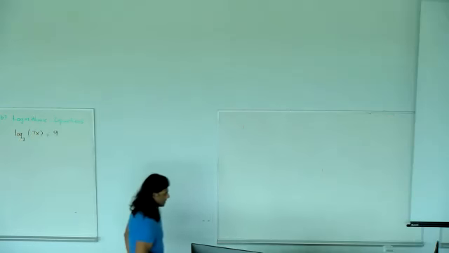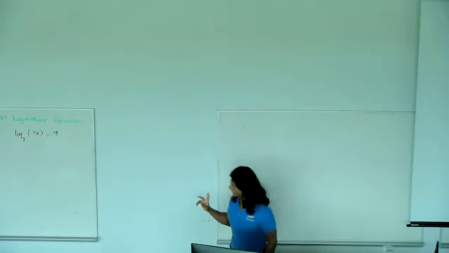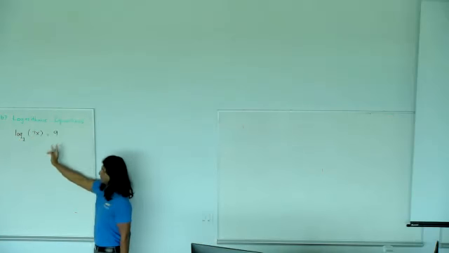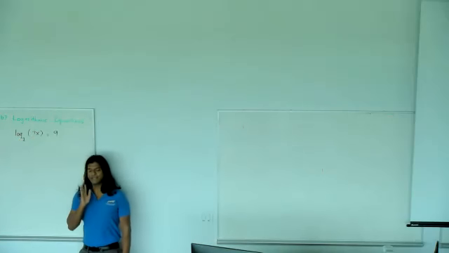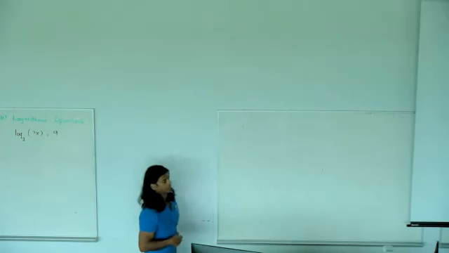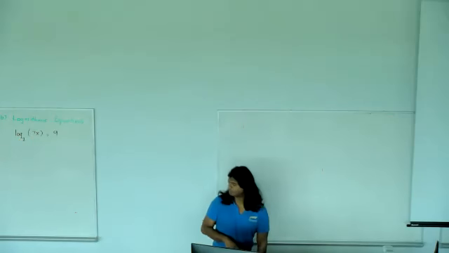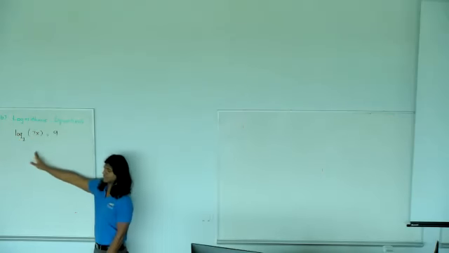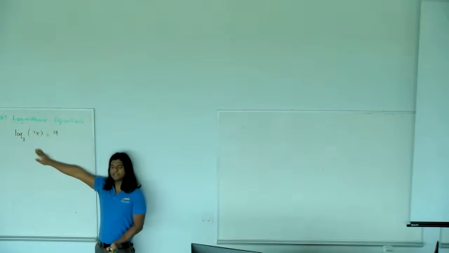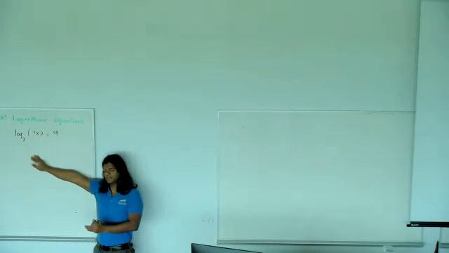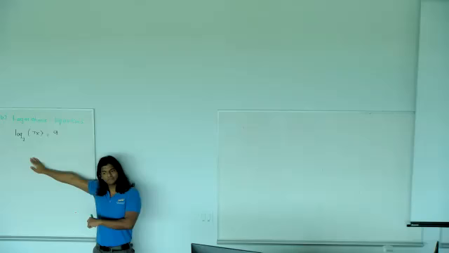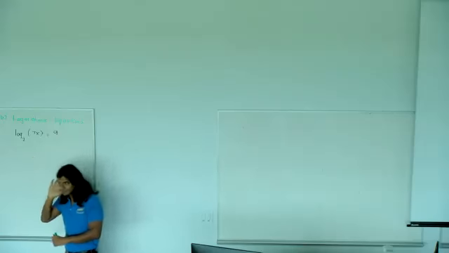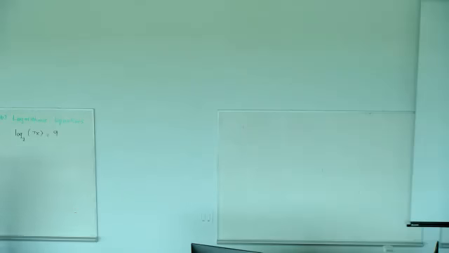Even before you start, you should look at the right-hand side and ask yourself, is that positive? If it is positive, then things are straightforward. You would get an answer that is over 1.